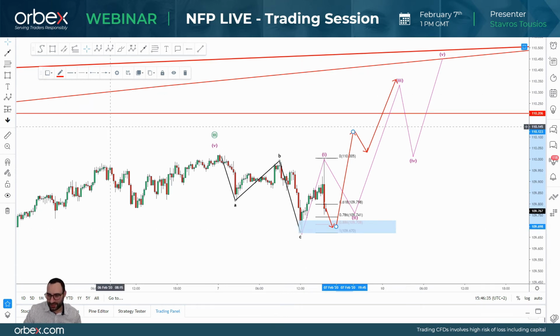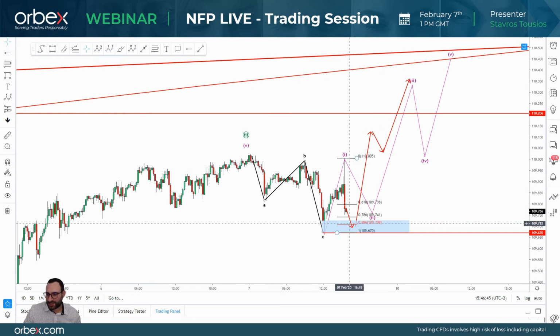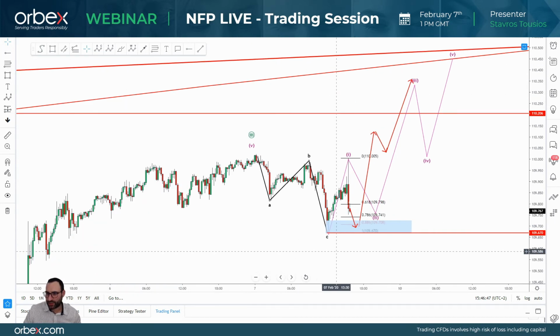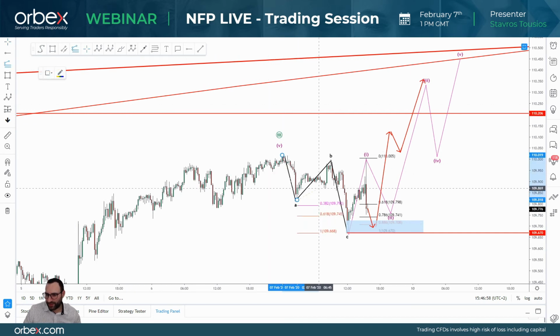So in case prices move below that low, 109.67, this is the level you should focus on for the time being. We are going to have prices moving lower, which means the correction to the downside is going to continue, okay? Now, where is it going to go? We don't know, but we have a special tool to help us.